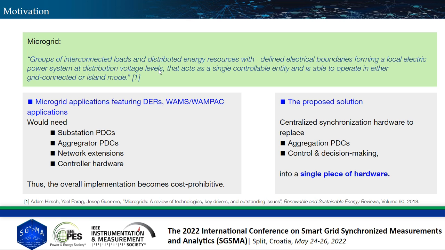So the overall implementation is expensive. What we are proposing in this paper is a centralized synchronization hardware to replace the aggregation PDCs and some of the control and decision making hardware. All of these are compiled into a single piece of hardware, so hopefully we are reducing some cost there.